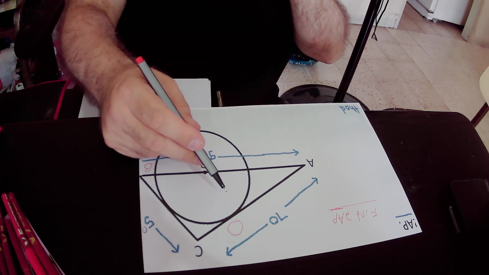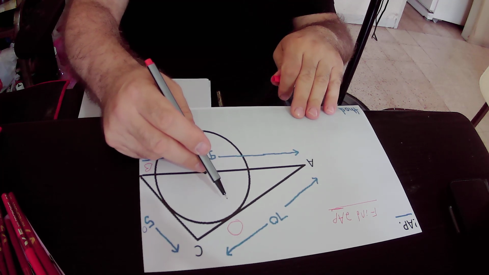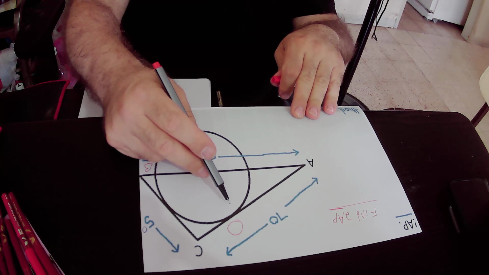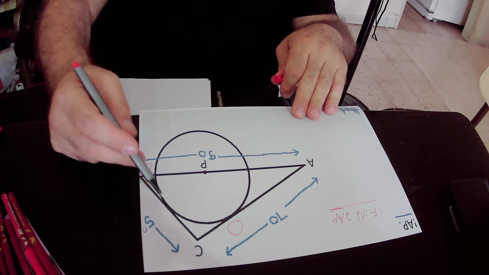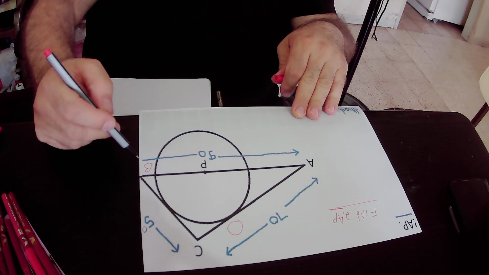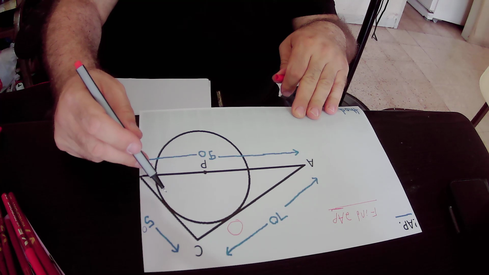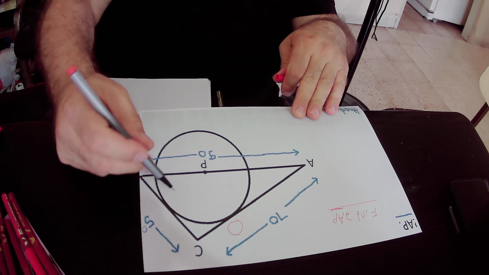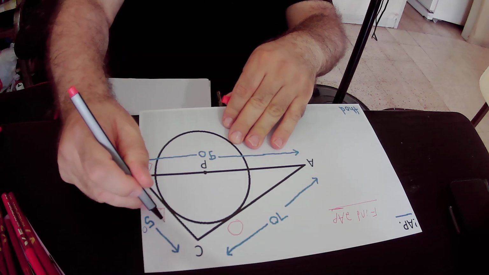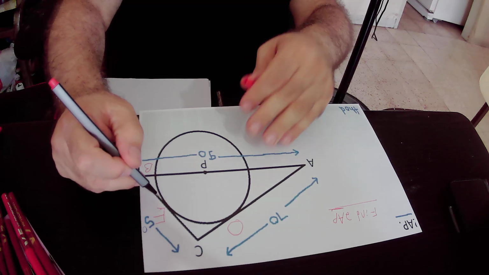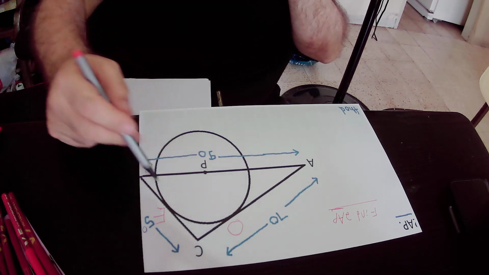Okay? Again, side AC is tangent to the circle at point O, and also side CB of the triangle is tangent to the circle at a point we will call point E. Again, side CB or BC is the same.